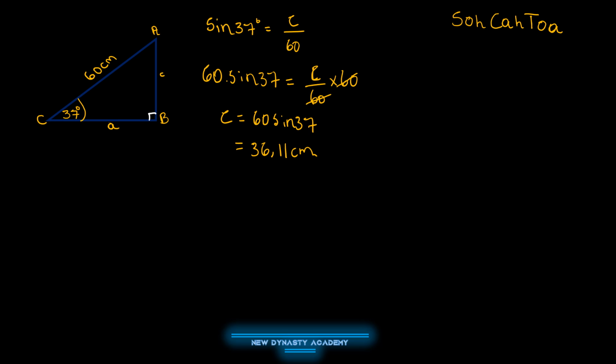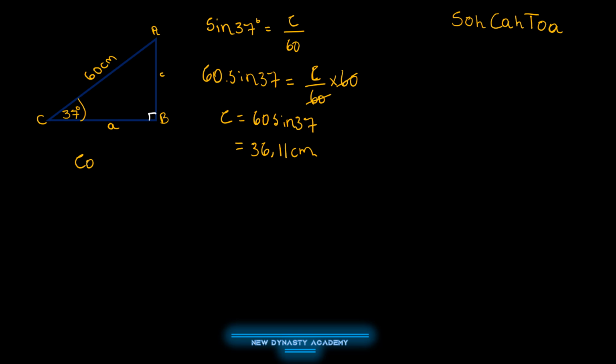Then let us go on and calculate the length of side A. Side A in this case is the adjacent, and we have got the hypotenuse, and we have calculated the opposite side. So we can go on and use any of the trigonometric ratios, but I'm going to choose to use cos.